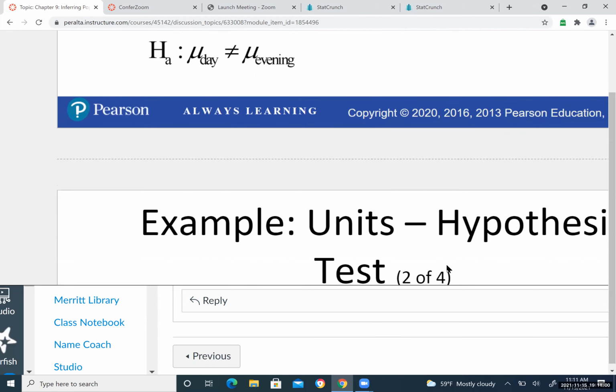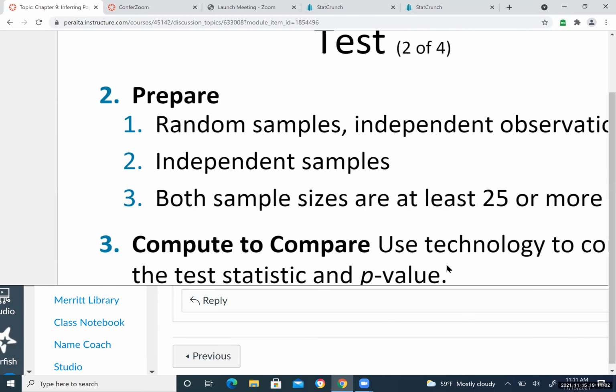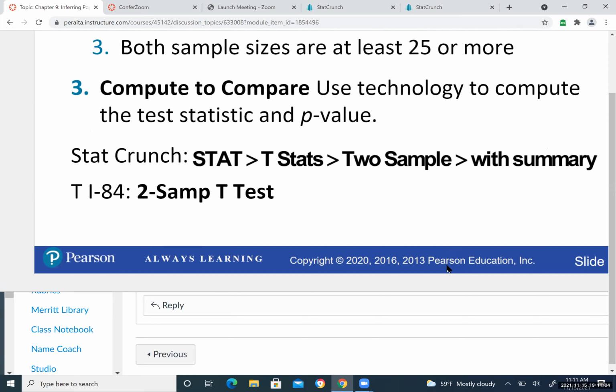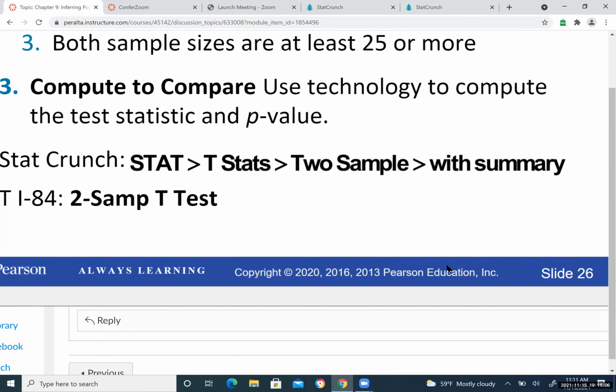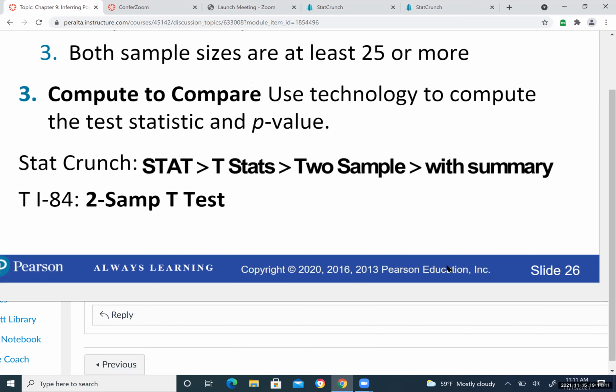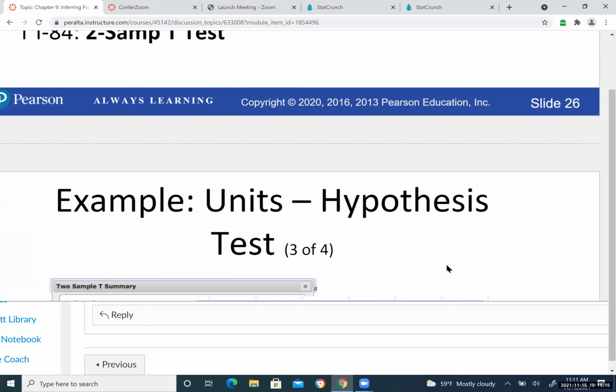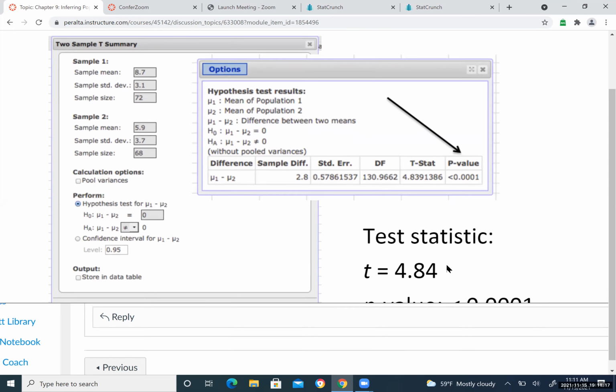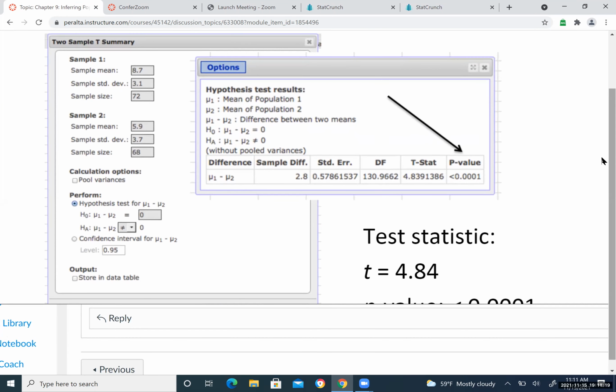And then you keep doing that using StatCrunch. You go to Stat, go to T-stat, choose sample with summary, like this. Let me demonstrate one more time for you.